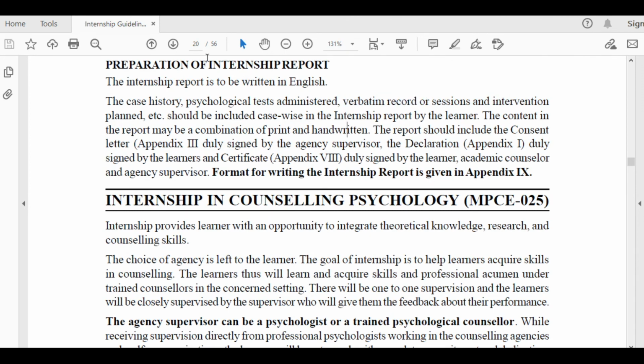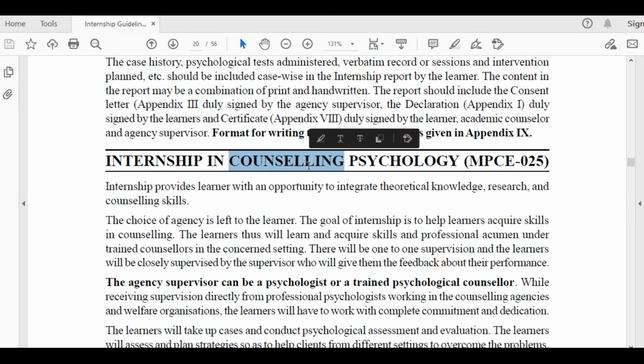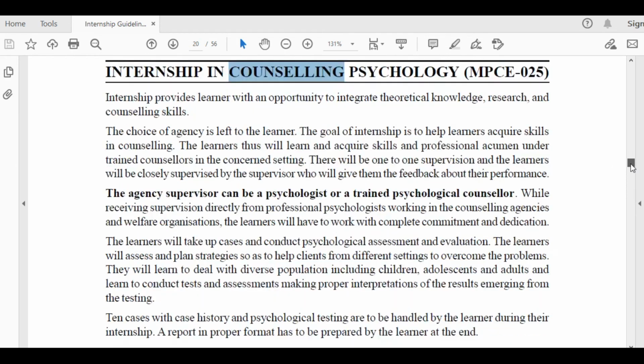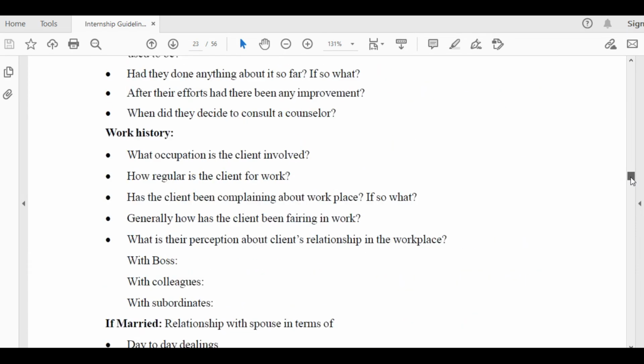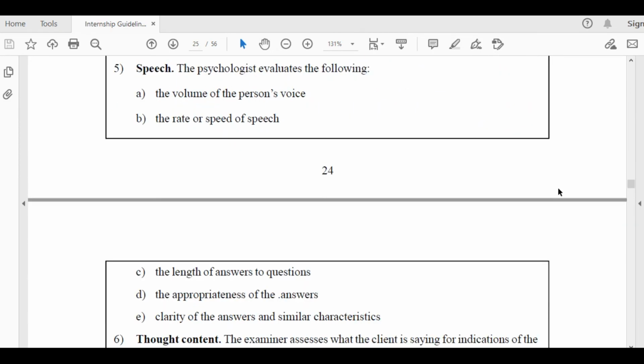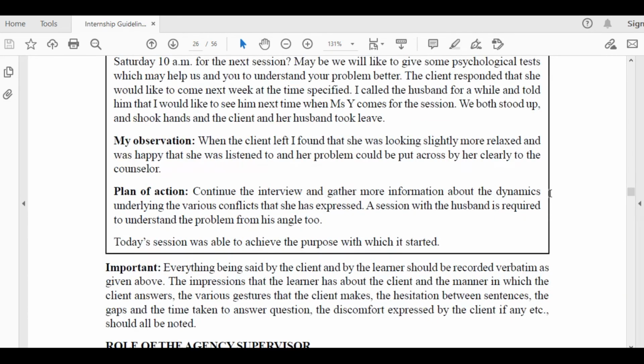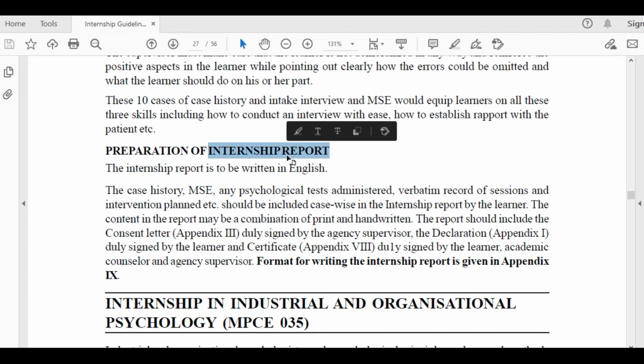Okay, if you move on to counseling psychology, the same thing is written at the end of all the details, that it is required. See, this is for the counseling one.